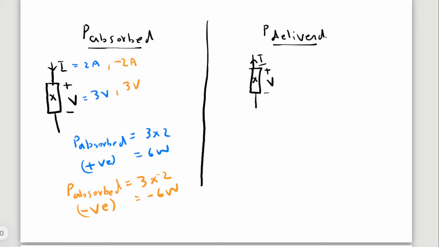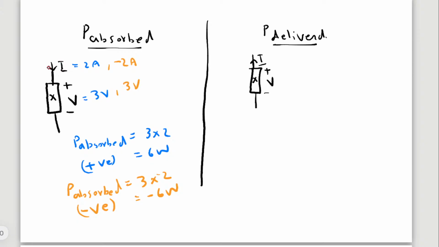This is the crucial concept here: absorbed power can be either positive or negative. In both cases, we express it as absorbed power because of the polarity. Because of the polarity, we define the power as absorbed or delivered.